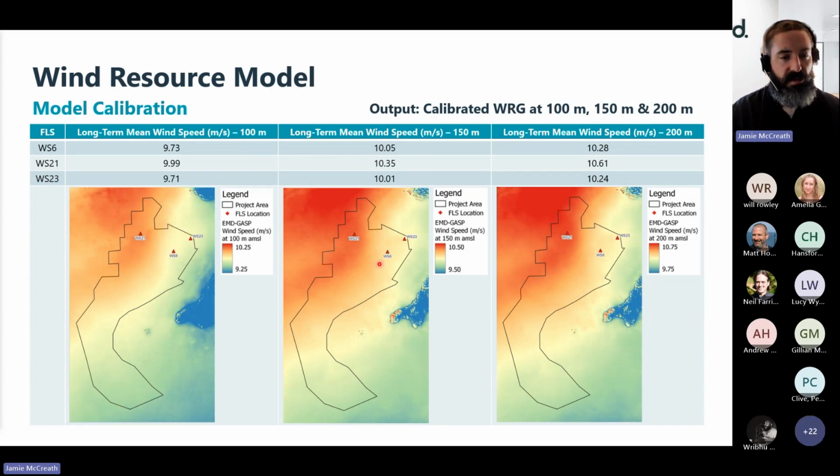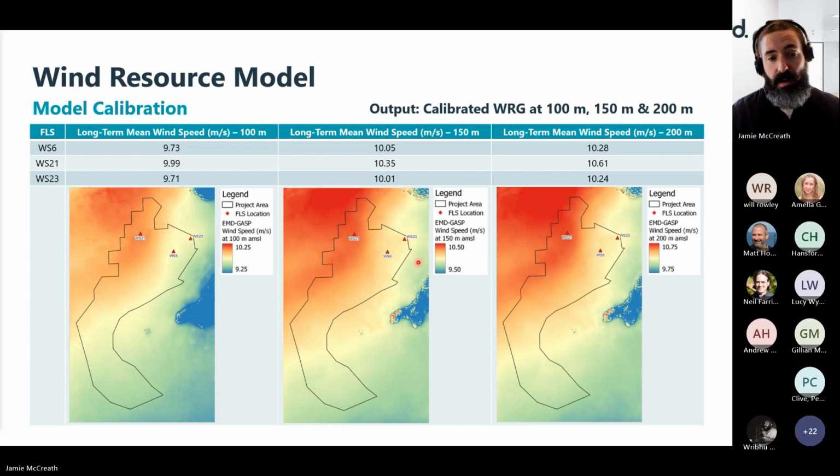So for each of these LiDAR locations, the model is calibrated to these wind speeds, and then outwith the area that's bound by these LiDARs, the model is adjusted by a certain magnitude depending on the weighted contribution from each of these LiDARs.